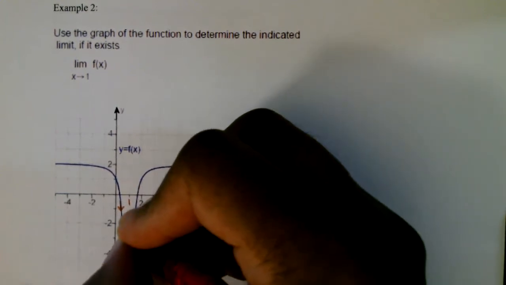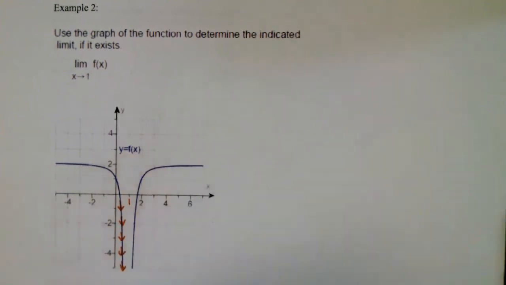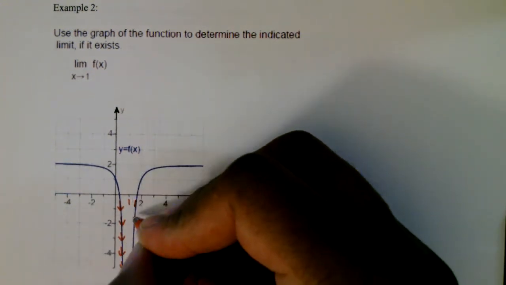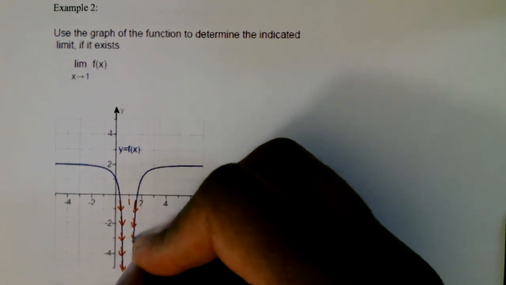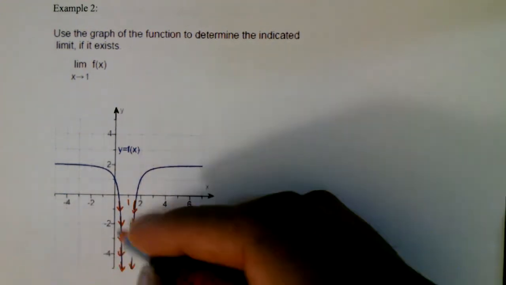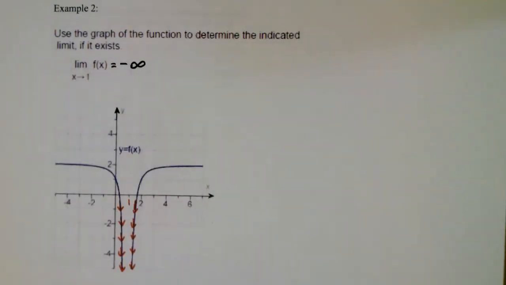To the left of 1, it's going in a downward direction without end. So that means that's going to be negative infinity. And if I look at 1 from the right, these values are also going downward without end. Both are approaching negative infinity. So the limit as x approaches 1 of f of x is negative infinity.